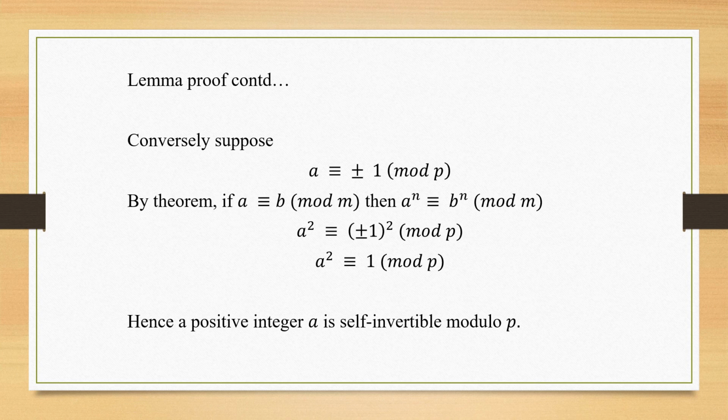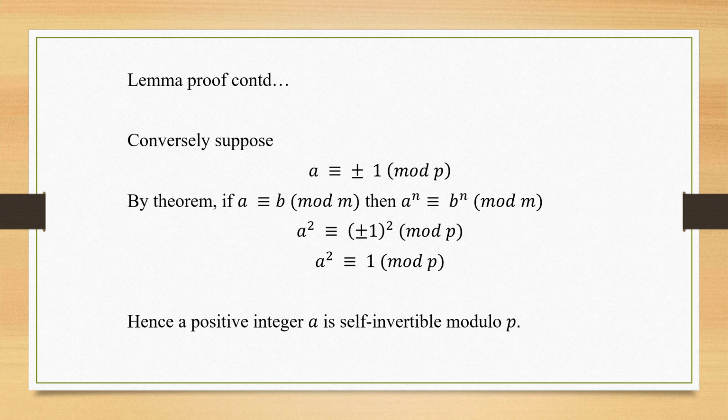If I square plus 1, I get plus 1. If I square minus 1, again I get plus 1. In either case I land up with a positive 1. So instead of writing plus or minus 1 the whole square, I can write it as just 1. That is why the representation has changed. Therefore, A square is congruent to 1 mod P.